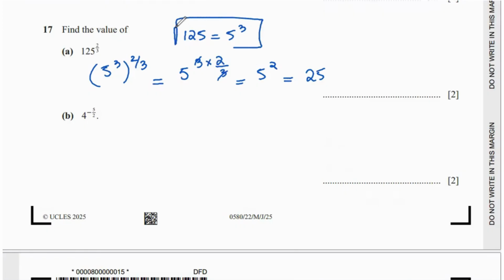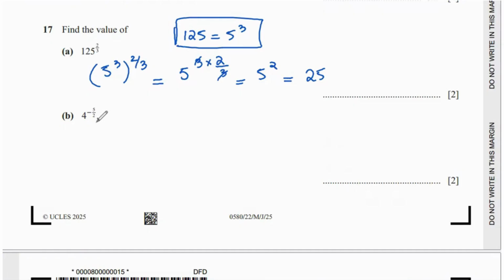So main thing is to convert the number into a prime factor base. They will never give you a number that cannot be converted, and you need to know the basic cube numbers and square numbers, so you're easily able to identify that, oh, this can be rewritten as this. So that's very important. Then 4 to the power of negative 5 over 2. Now we have a fractional and a negative power.